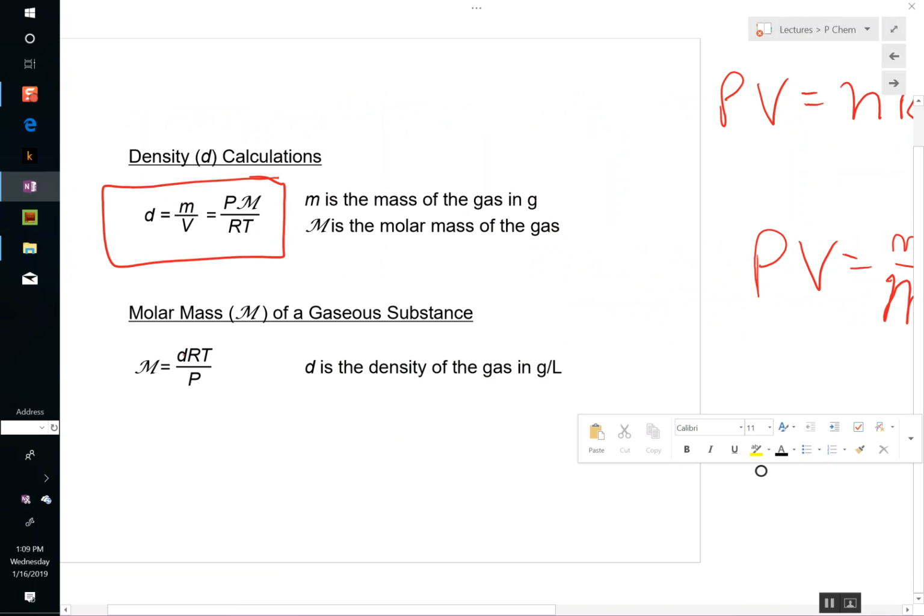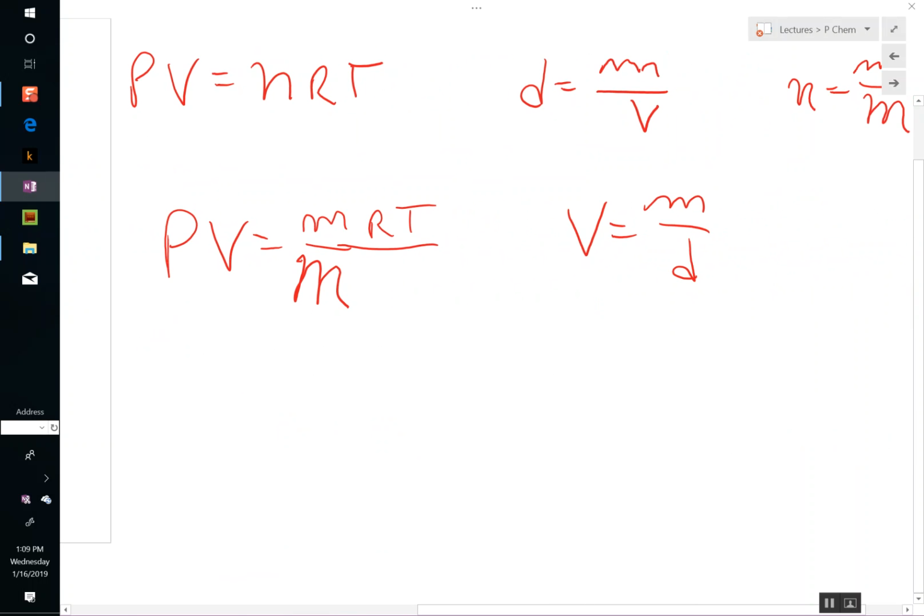Molar mass equals density times RT over P, the molar mass of the gaseous substance. Density calculations. I think I got it.